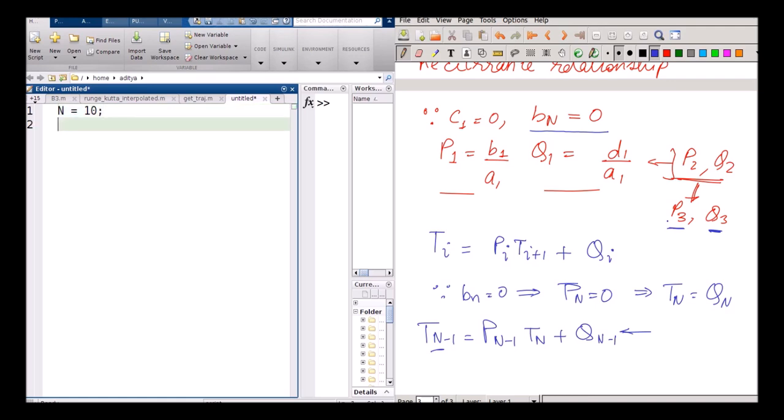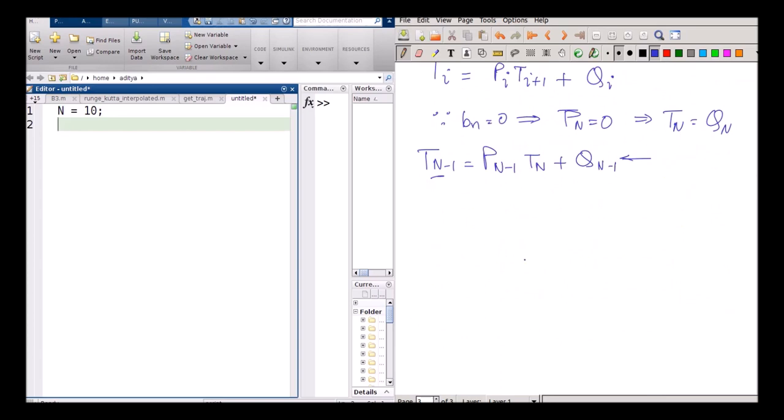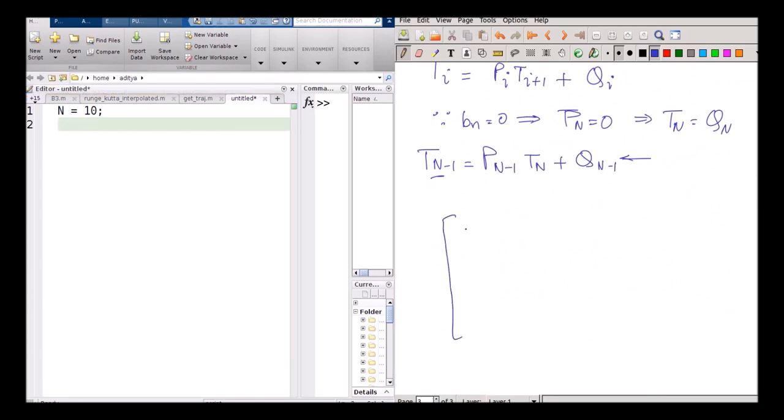And let us say the array is a very simple array: 2 minus 1 0 0 0 0, minus 1 2 minus 1 0 0 0 0 and so on, essentially implying that Ai will always be 2, Bi will be 1 and Ci will be 1.